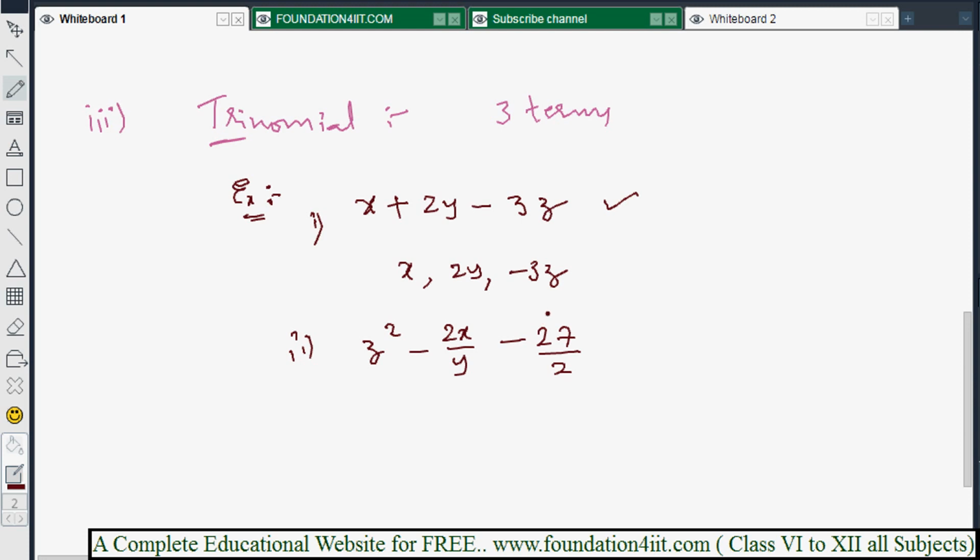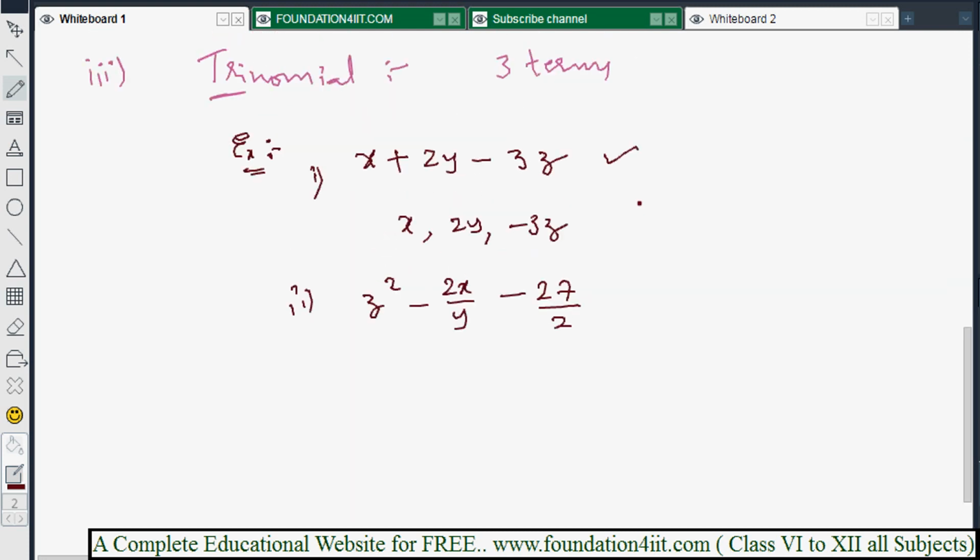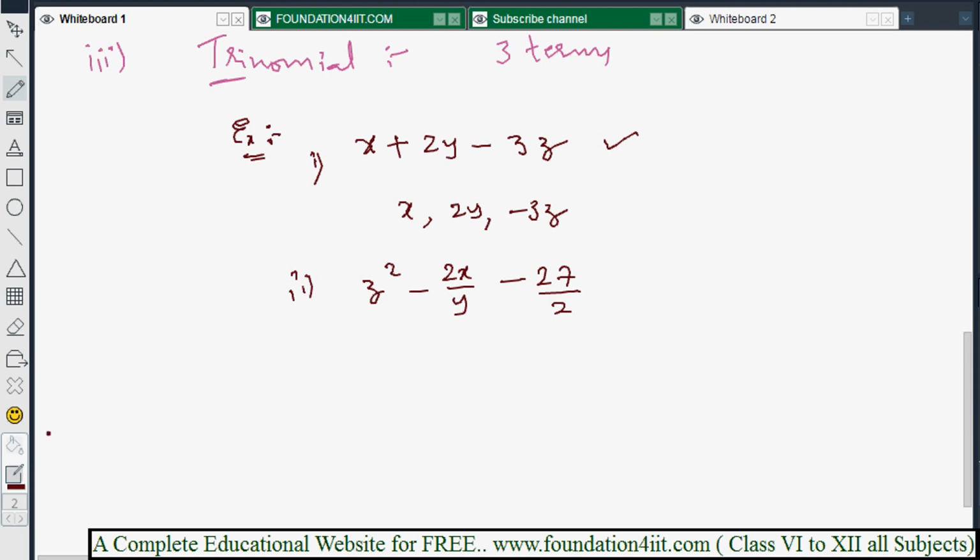So monomial, binomial and trinomial. Next, more than 3 we can call multinomial. There is a fourth type. Next one is multinomial. Multi means many, right?